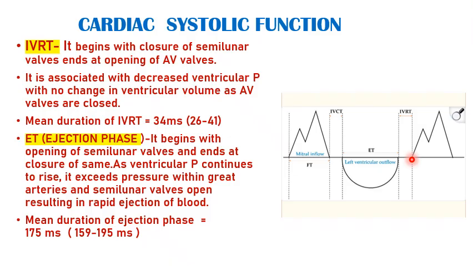Now the ejection phase begins with opening of the semilunar valve and ends at closure of the same. As ventricular pressure continues to rise, it exceeds the pressure within the great arteries and the semilunar valves open, resulting in rapid ejection of blood. Mean duration is 175 milliseconds with a range of 159 to 195 milliseconds.